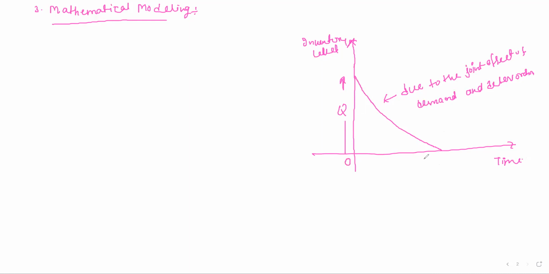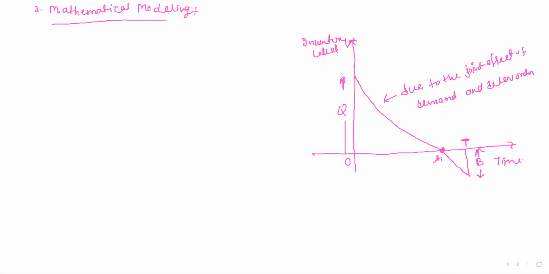This is time 0 to T1. Now the inventory is going to finish. Inventory becomes 0, but demand is left. So there is shortage arising, and at time T shortage ends. So this is some quantity which is known as backorder quantity.